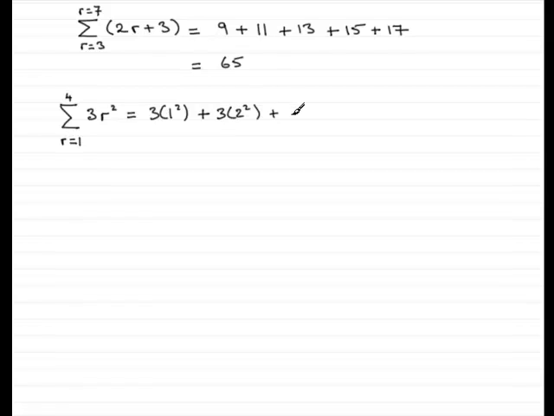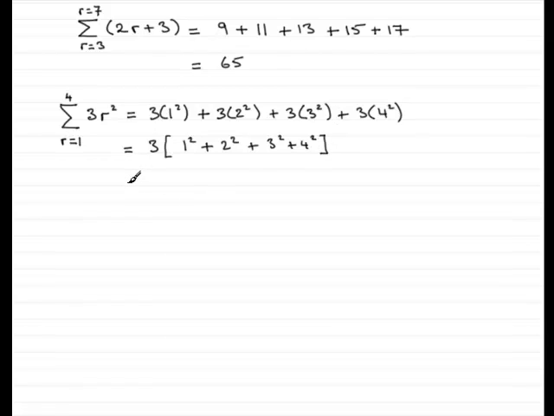And if we keep this up, we've got 3 times 3 squared when we put r equals 3 in, and when we finally put r equals 4 in, we've got 3 times 4 squared. Now you'll notice that 3 is a common factor. So really what I've got here is 3 times all of 1 squared plus 2 squared plus 3 squared plus 4 squared.